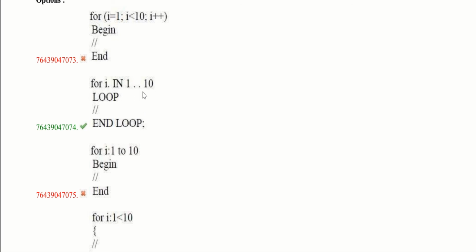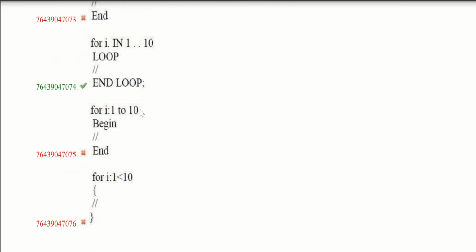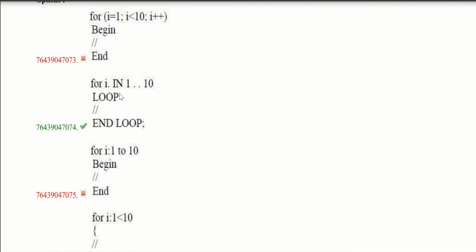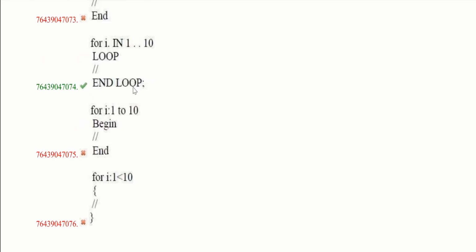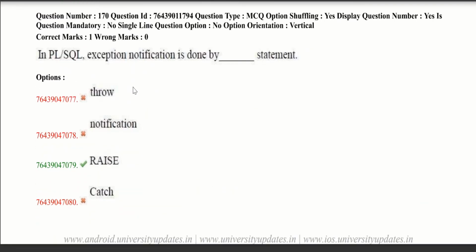The two dots represent the range from 1 to 10. These two dots should be placed between the initial value and the final value as per the syntax. Here we start the loop with the keyword loop, then some statements to be executed, and the loop is ended by end loop.